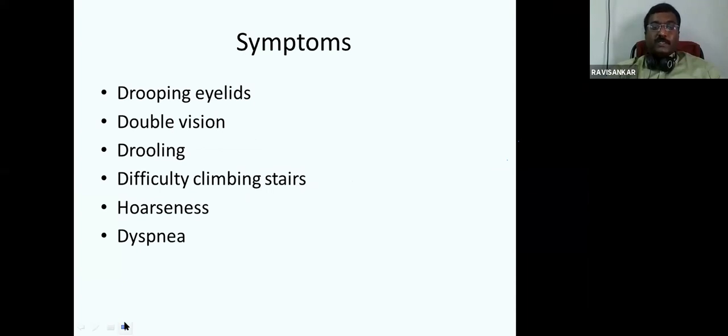So the symptoms of myasthenia gravis include drooping eyelids, double vision, proximal muscle weakness, hoarseness due to laryngeal musculature involvement, and dyspnea due to the respiratory muscles.